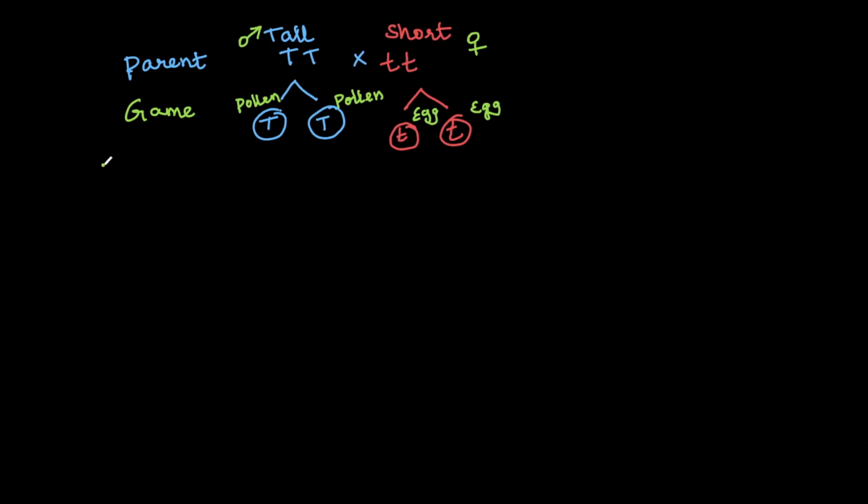During fertilization, we get the F1 generation like this. There is a chance of capital T fusing with small t.